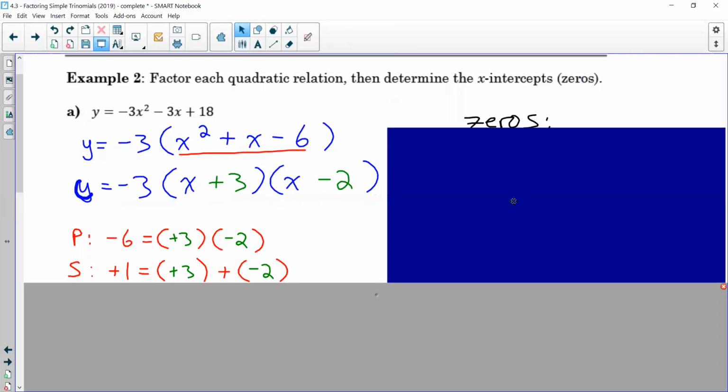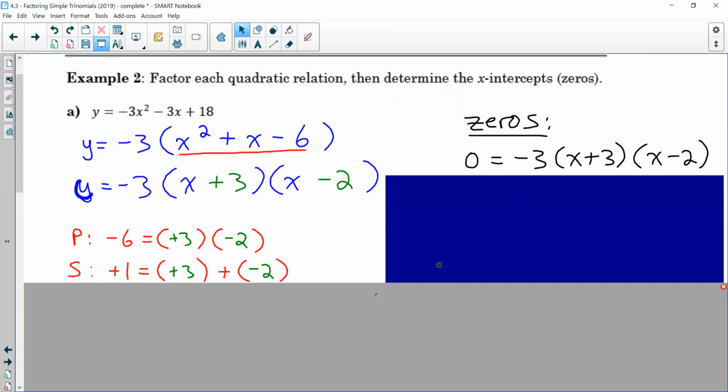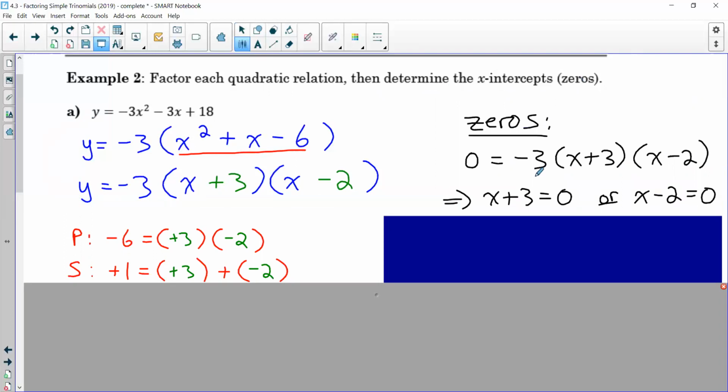So that would imply setting that equal to 0, which essentially would mean that any one of these three things could be a 0. Now, there's no way of turning a number, negative 3, into 0. That can't happen. But is there a number that when you add 3 will give you the answer of 0? And the answer is yes. Is there a number that when you subtract 2, you can get a 0?